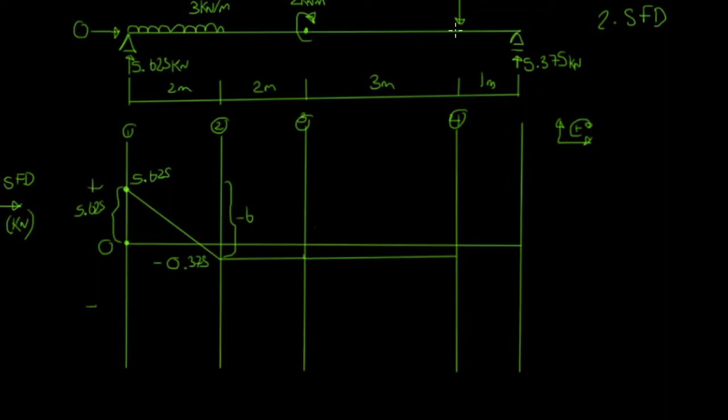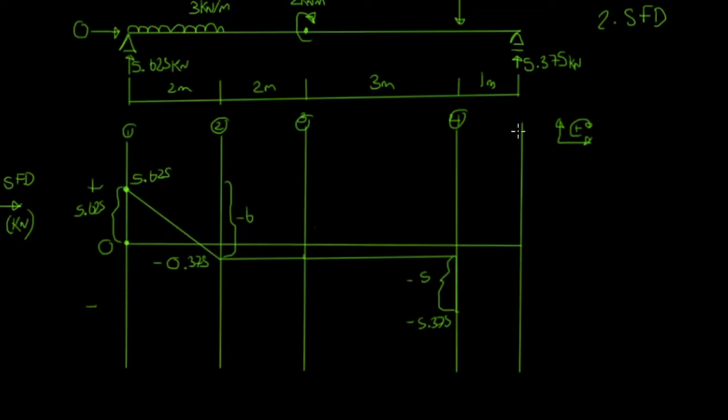So we're now at a 5 kilonewton reaction at point 4, and this is actually going to knock us down another minus 5 kilonewtons. It's going to take us down minus 5, and that will bring us down to here, and that is going to be minus 5.375.